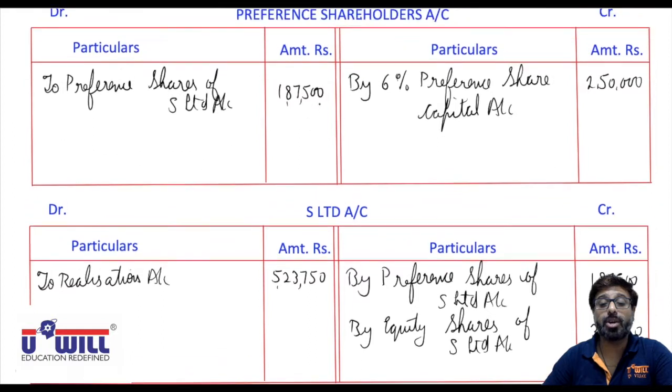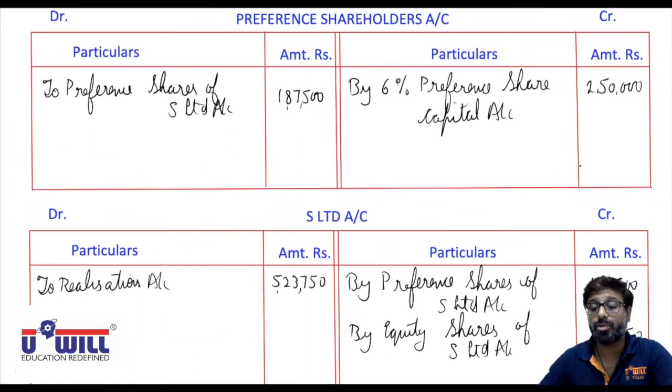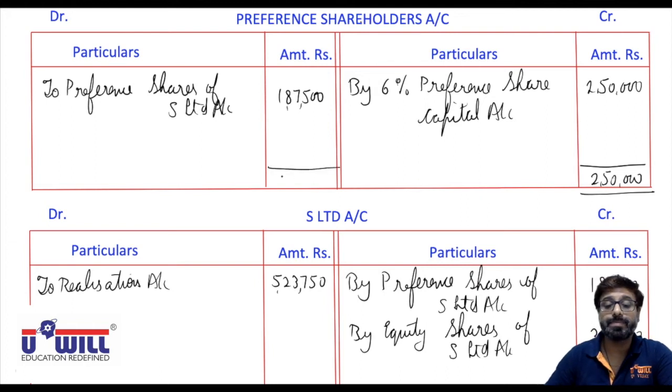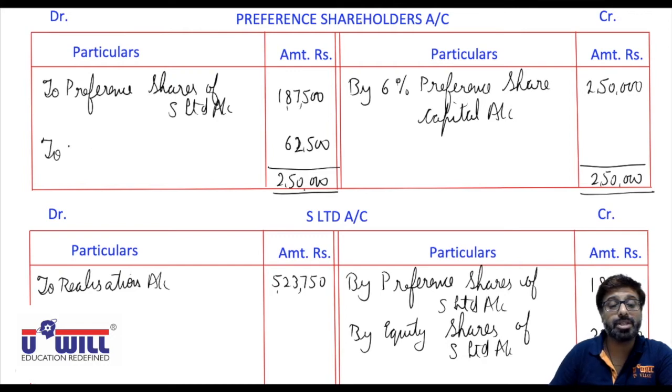Now in preference shareholders, whatever balance remains, that you transfer to realization account. So 2,50,000 minus 1,87,500, 62,500 balancing figure we transfer to realization account, in bracket balancing figure.